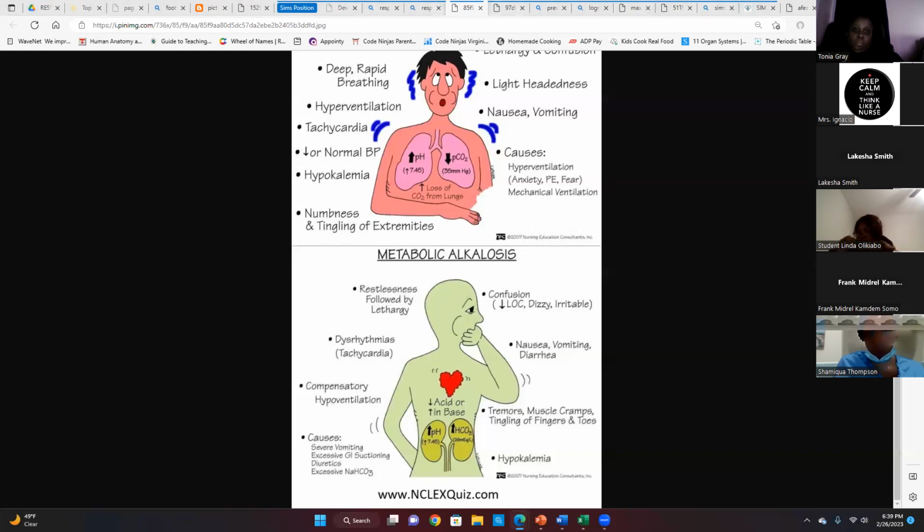I don't remember having these visuals then, but hopefully they help you understand it a little bit better, because it is a really important concept to grasp. I don't see anybody saying anything in the chat, so I'm going to continue.